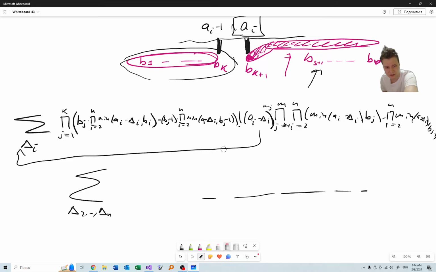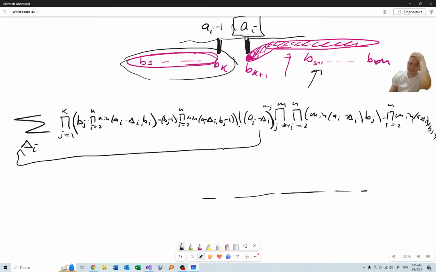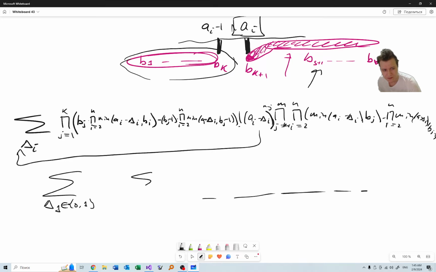No, let's do it the other way. Yeah, the other way. First of all, sum of delta 1 from 0 to 1, then sum of delta 2, etc., delta n, then some function of delta 1, etc., delta n.